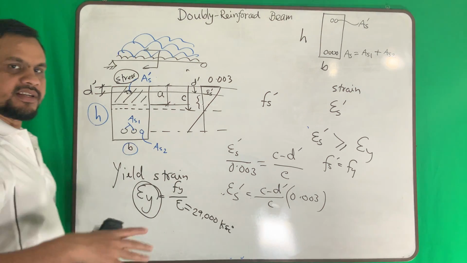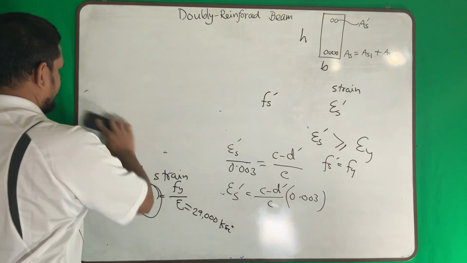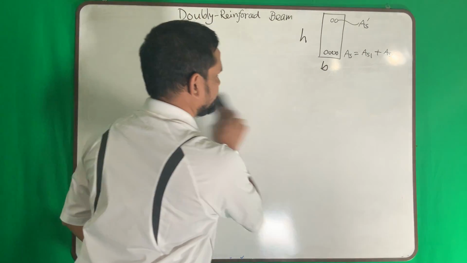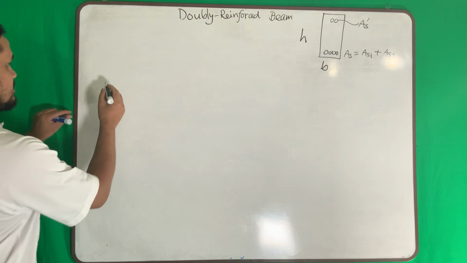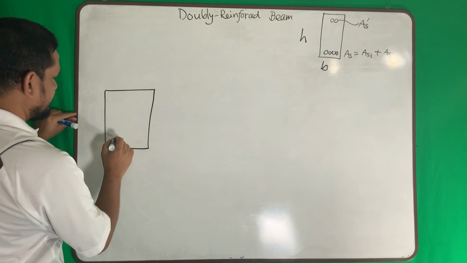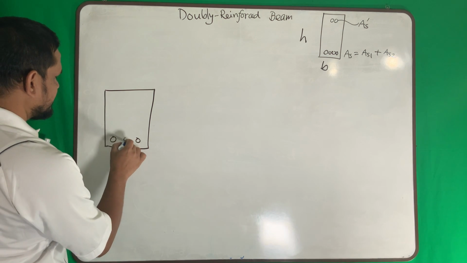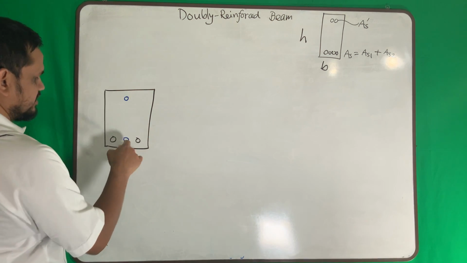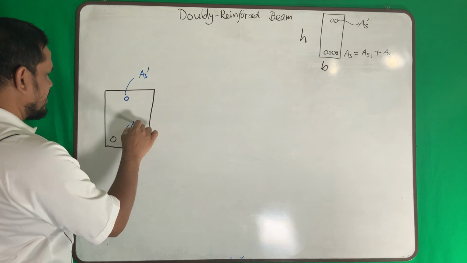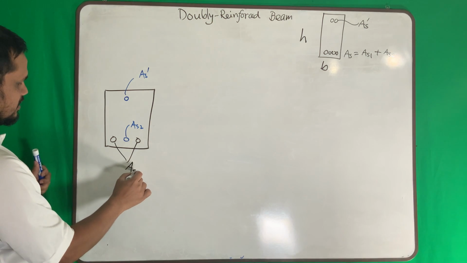Next discussion is the design equation. Okay, so let me draw a new figure. In a doubly reinforced beam, there will be reinforcement here, and I need to add more reinforcement here. This reinforcement is As prime. This is As2, and this is As1.